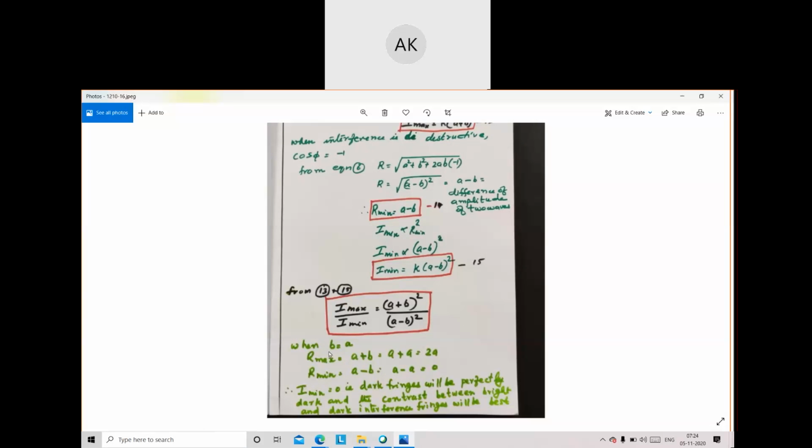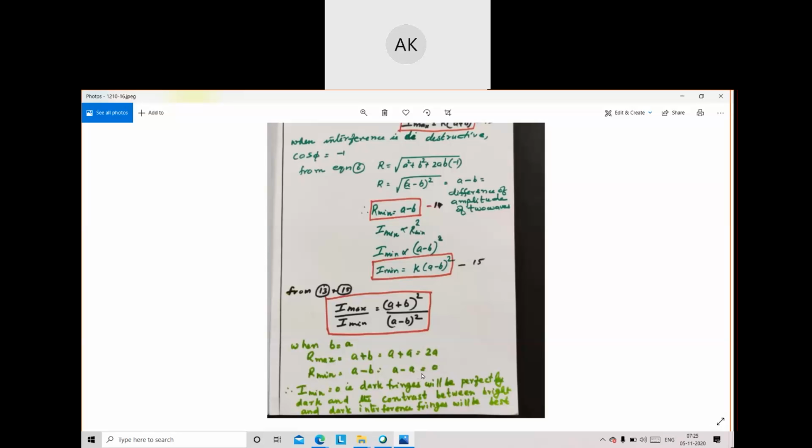When B equal to A, both the waves are having the same amplitude. What is R max? A plus B, A plus A, 2A. What is R minimum? A minus B, and A minus A equal to 0. Therefore, I minimum is 0, completely 0. Maximum is at its maximum value, A plus A, but minimum becomes 0.